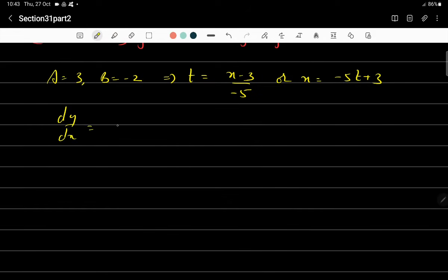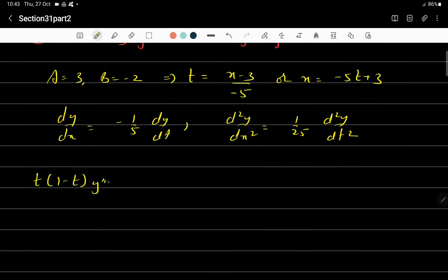That gives me dy by dx is minus 1 by 5 dy by dt, and d2y by dx square is 1 by 25 d2y by dt square. Now substituting, please do try to substitute by yourself and simplify it. It is guaranteed that you must get a hypergeometric equation. If you are not getting the hypergeometric, it means that you may have done some calculation error.